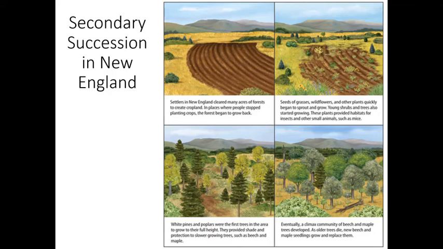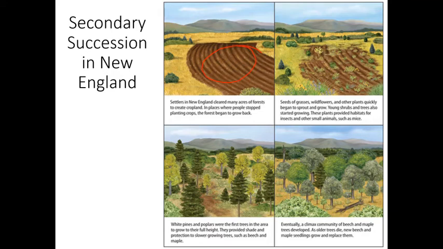Well, because of the soil conditions, because of the short growing season, and just the seed bed that's already there, what plants are already in this environment, disturbed environments, right? So in this case, agriculture, when left alone, is going to be very quickly populated by things like grasses and wildflowers.